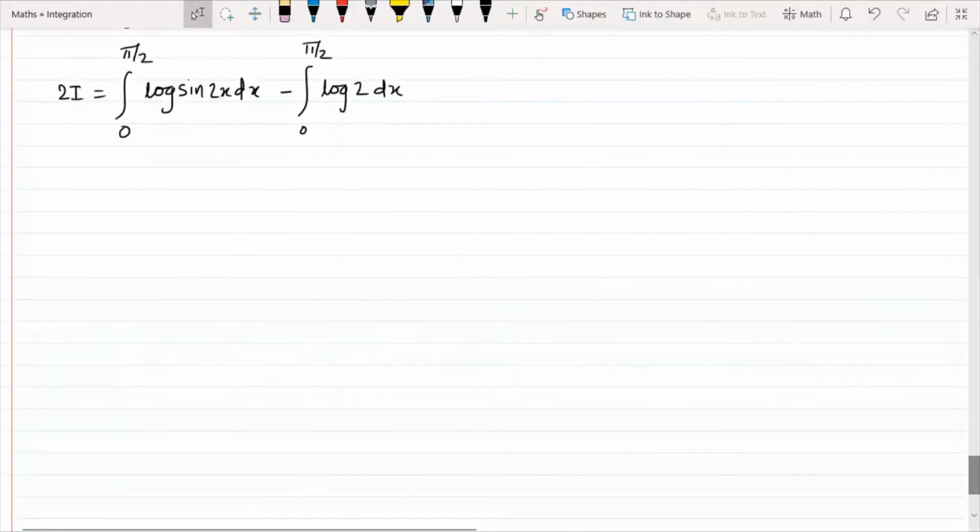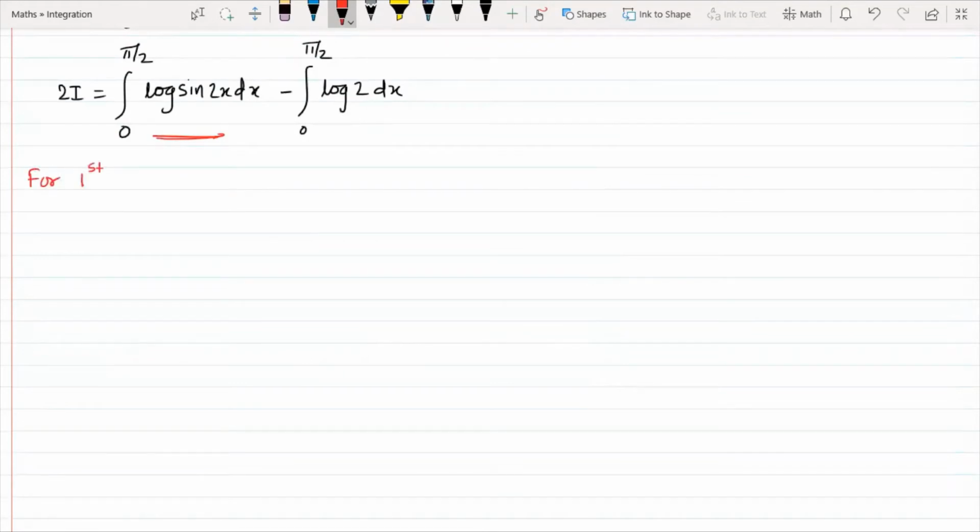Now in the next step, for this first integral, I'm going to use the substitution 2x is t. If 2x is t, then one can write 2 dx is dt, and in the next step, dx can be written as dt upon 2.